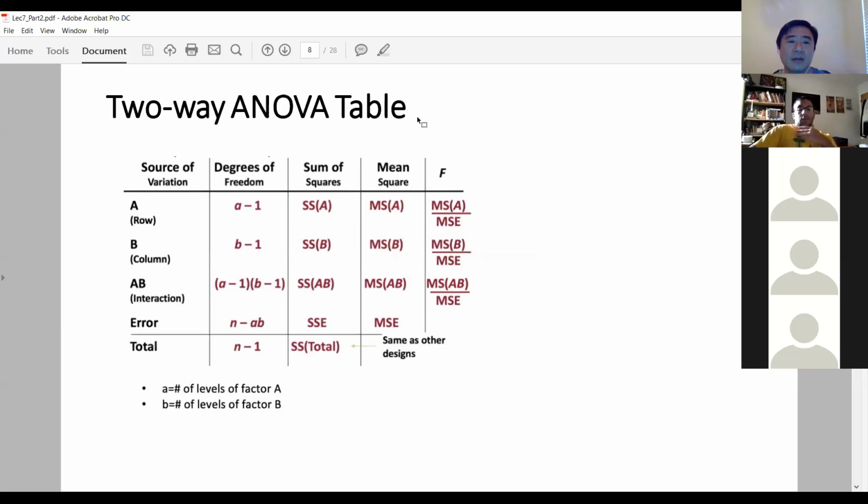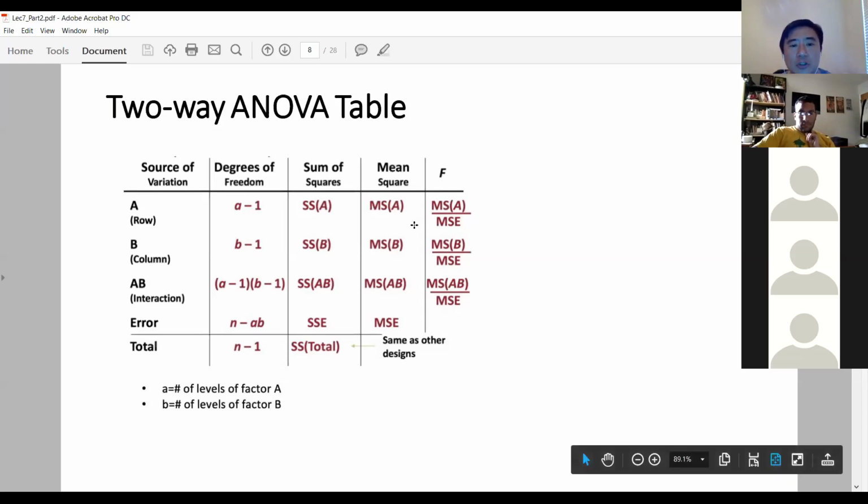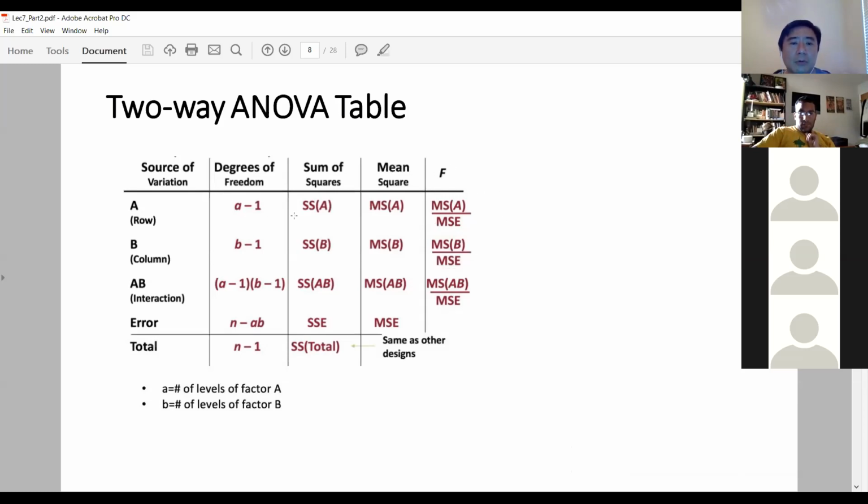Because this is not a theoretical class, we're not going to cover too much of the statistics and mathematics. Usually ANOVA is a whole class for one semester, where you learn the specific calculations and the rationale. But here, I think the key thing is that you just remember this two-way or one-way ANOVA table and what each term represents.